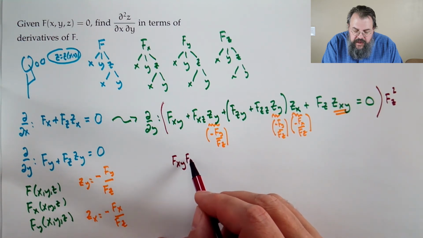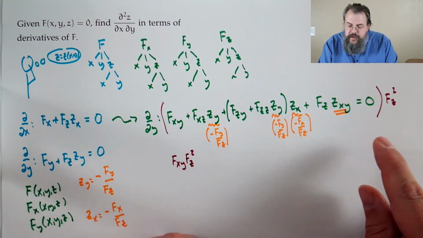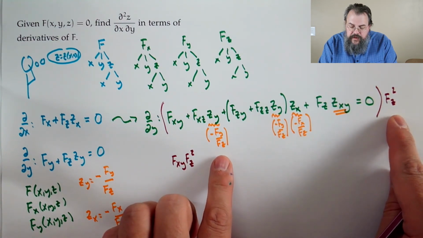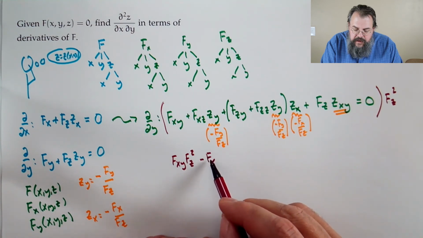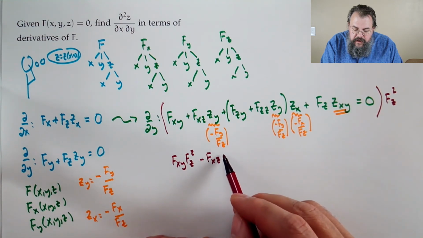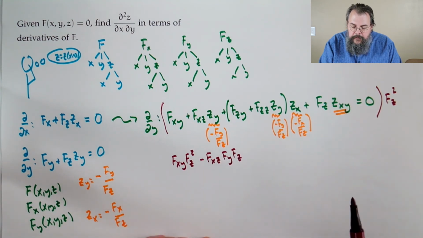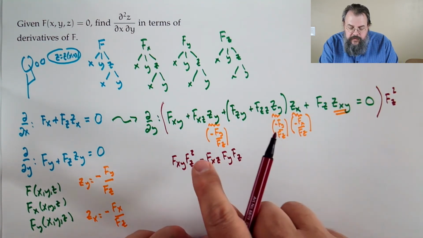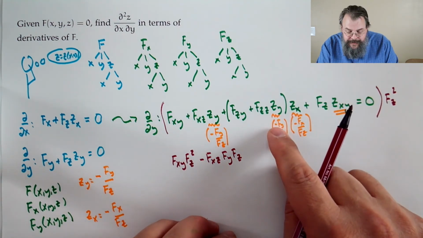fxy fz squared. Okay. Here, we'll cancel one of the fz's. So we're going to get minus fxz fy fz. All right. So that's the first term, the second term, the third term.